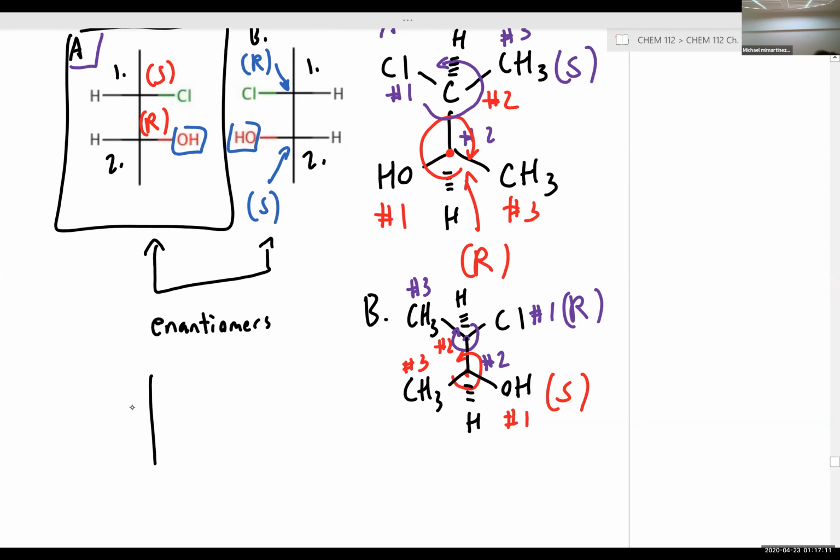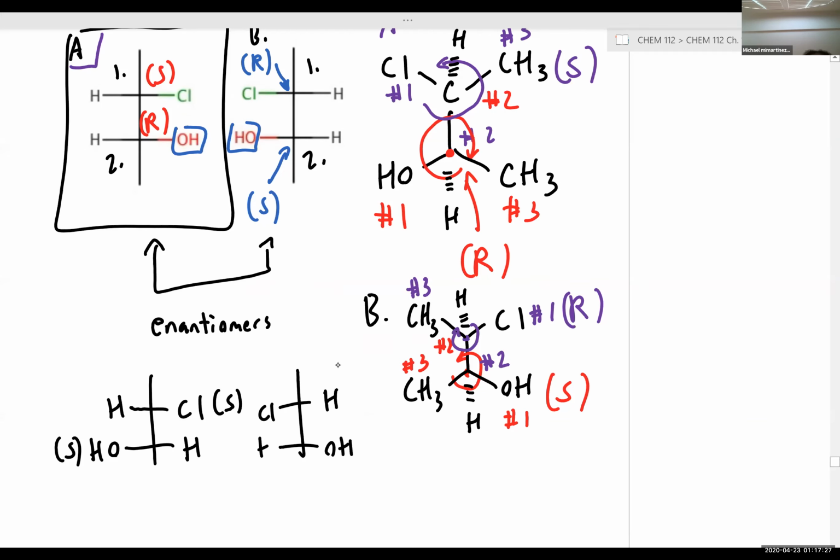For example, this molecule is SS, while this molecule is RR.